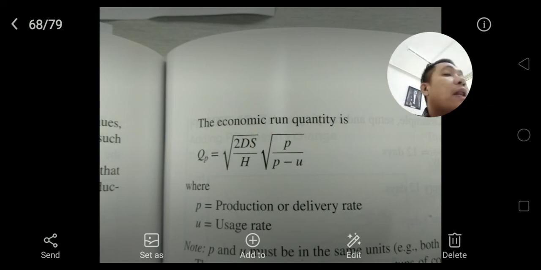All you have to do is to plug in the values sa ating formula. Now, you just have to remember that the unit of measure of P and U must be the same for the model to work. Okay? So, you might be needing a scientific calculator for this. This is called the QP, or the economic production quantity.